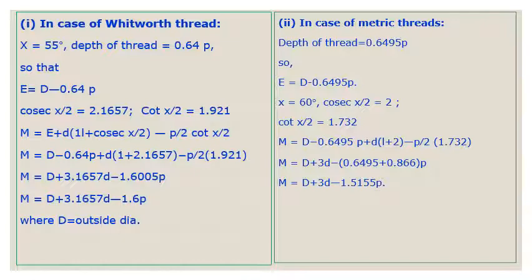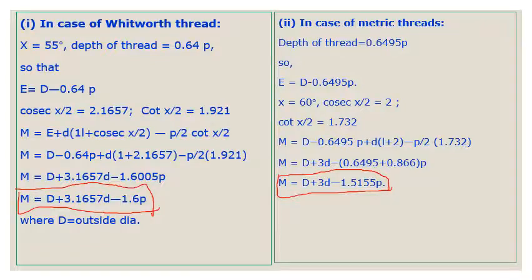In that case, on substituting, m can be resolved as m is equal to d plus 3d minus 1.5155 p. You can clearly see the expression for m is different based on the type of thread, especially because of the thread angle. It is also a simple formula where we can compare the experimental value with the theoretically calculated value.